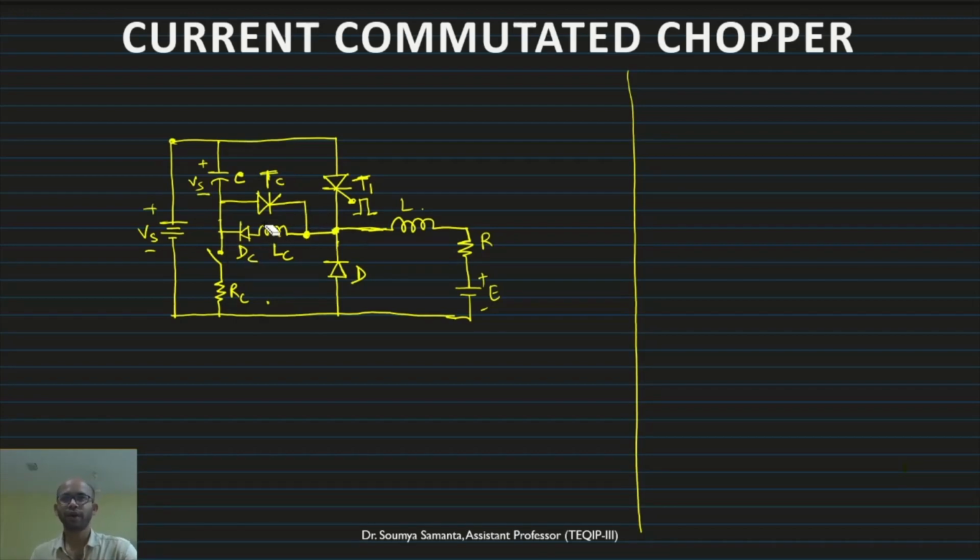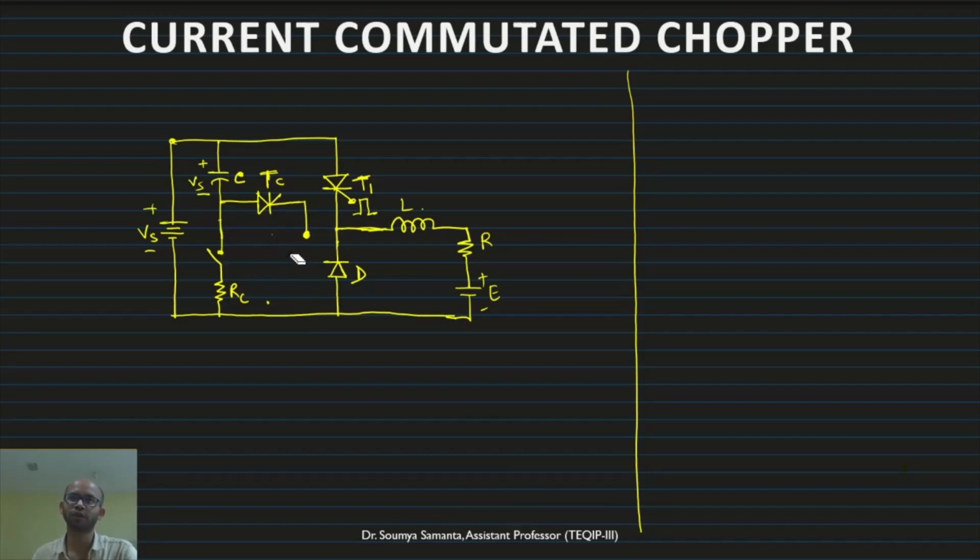Now today I'll show you what modification we will make here in order to convert this voltage commutation chopper circuit to the current commutation chopper circuit. We will change the position of the diode.